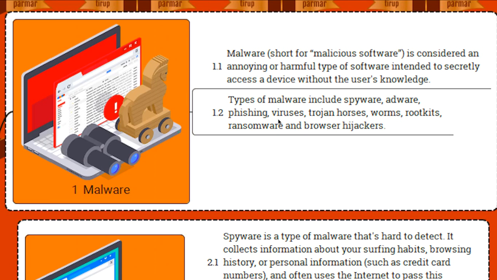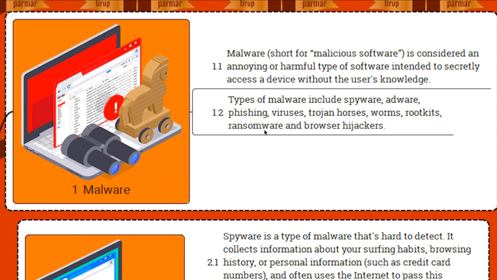Now, how can one recognize malware? A slow computer is often a sign that your device may be infected with malware, as are pop-ups, spam, and frequent crashes. You can use a malware scanner. Now remember, we can use a malware scanner. It is provided by most antivirus software, which is included in all malware removal tools, to check if your device is infected or not.